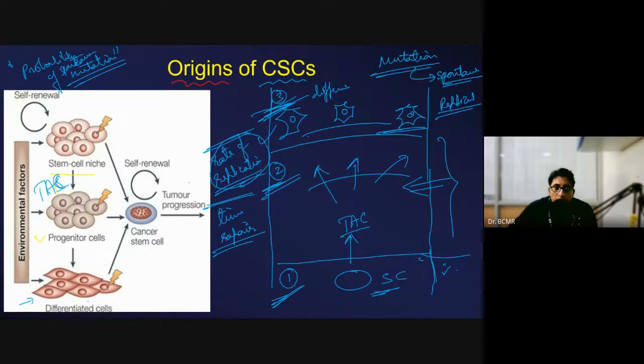So at this time, what we can think, where do cancer stem cells come from, is it can be any of them. A mutation in the stem cell can cause a stem cell to become a cancer stem cell, or there is a mutation that could influence the transit amplifying cells, and then it can give rise to a cancer stem cell.